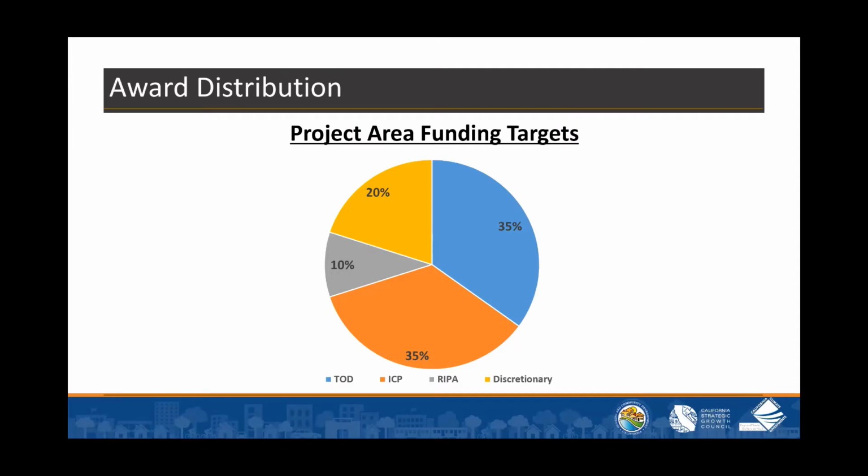The award distribution for the funding is going to be 35% TOD, 35% ICP, 10% RIPA, and 20% discretionary.